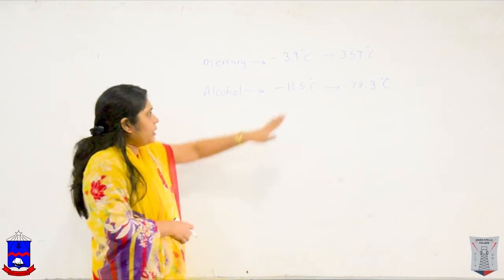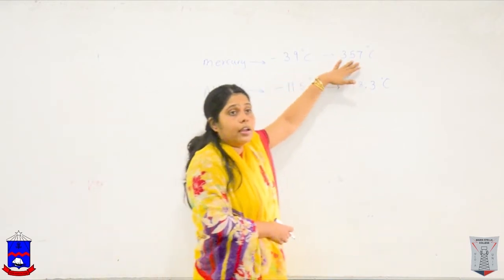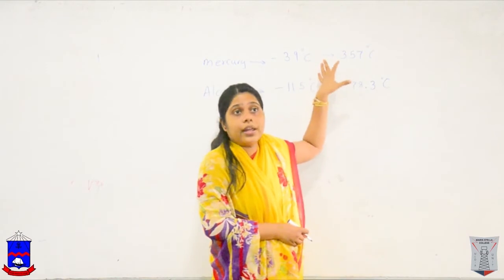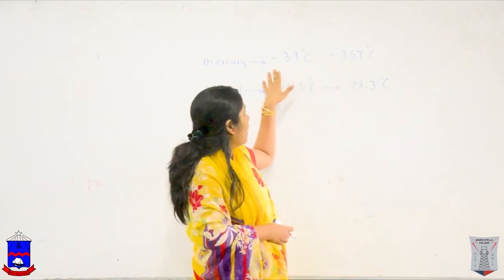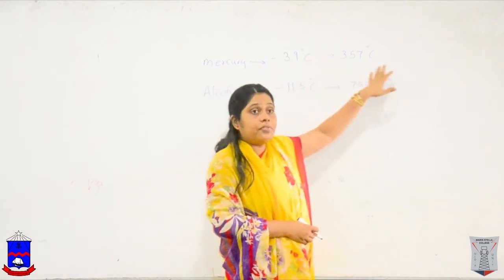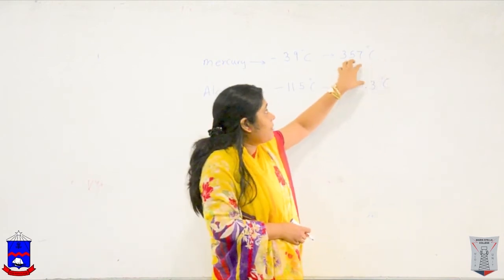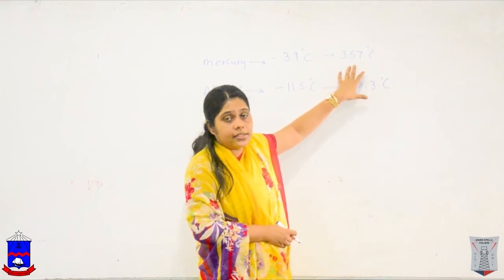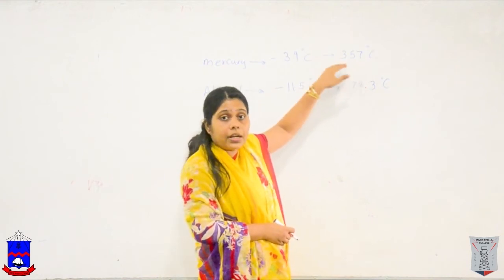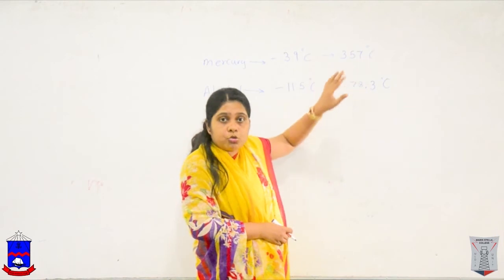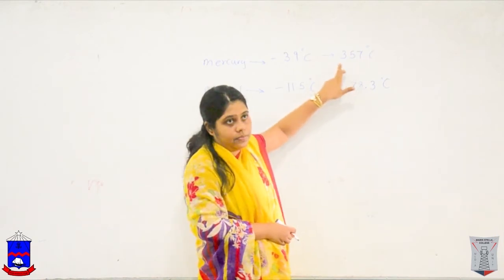But this is a very wide range, from minus 39 degrees to 357 degrees, and 357 degrees is a high value. So the mercury thermometer can be used to measure higher temperatures.